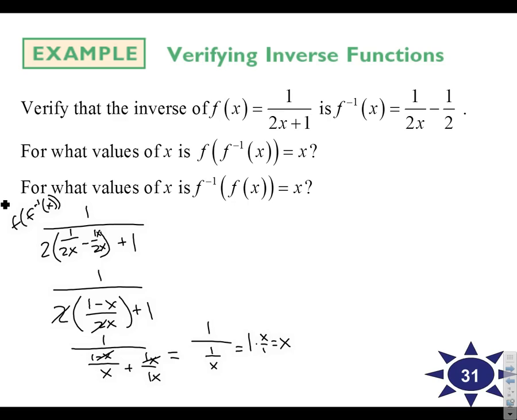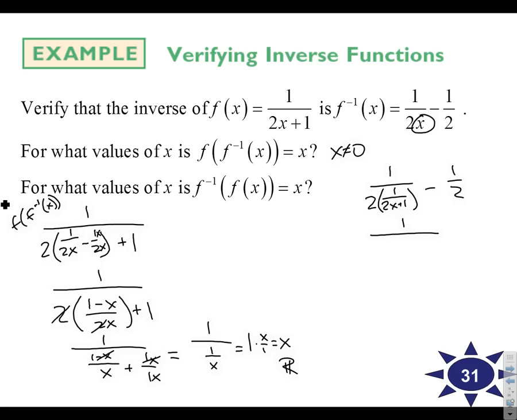All right? So what are the values of this? Remember, the domain down here is all real, but we have to look at what our input was. Up here, x could not be 0. Let's go the other way. 1 over 2 times x, which is 1 over 2x plus 1, minus a half. So now we've got 1 over, let's clean this one up first here.